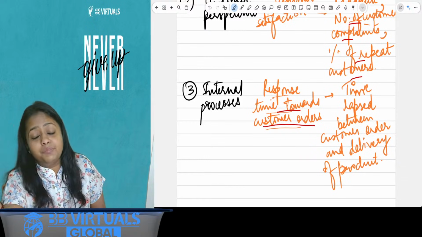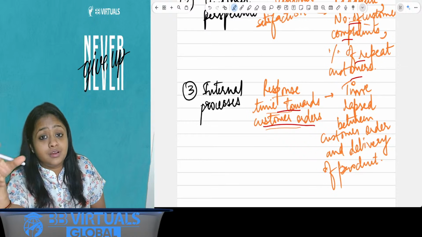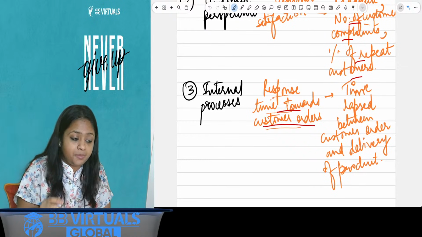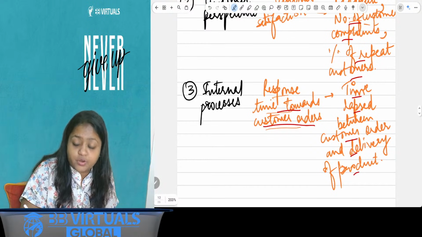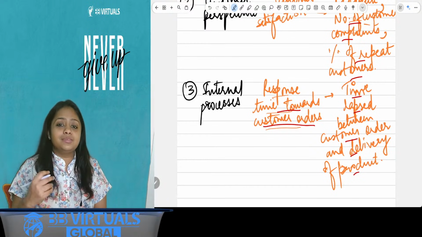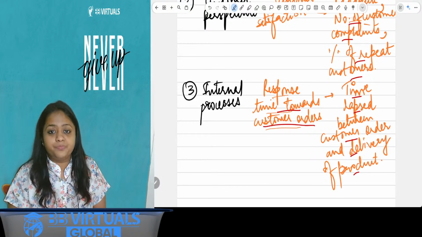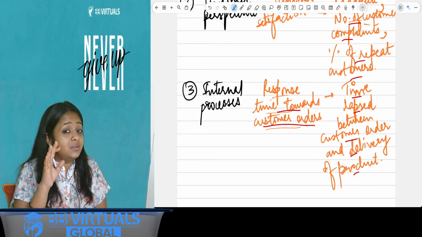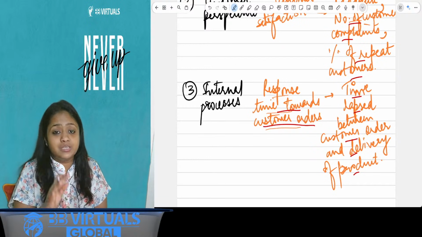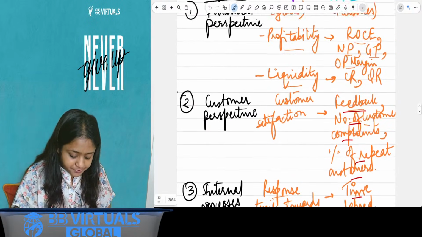Here, what can be the ways by which we can check whether the target is achieved or not? Number one, what is the time taken between the customer's order and delivery of the product? How much time does it take to log the customer order? So all these points we can consider when we look into the internal business perspective or internal process perspective.